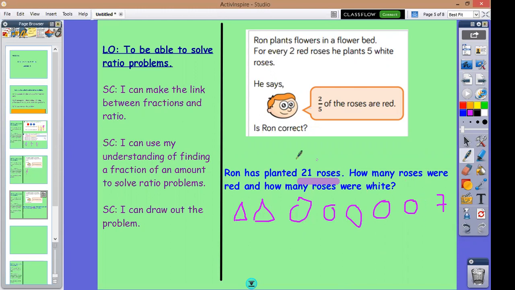I know that 2/7 of the roses are red. And that means I know that 5/7 are white. Really simple, and it's linking to our fractions of an amount. We need to find out what 2/7 of 21 is.